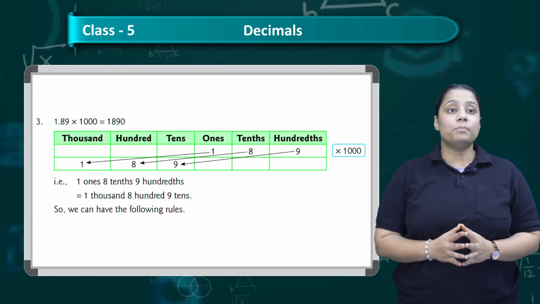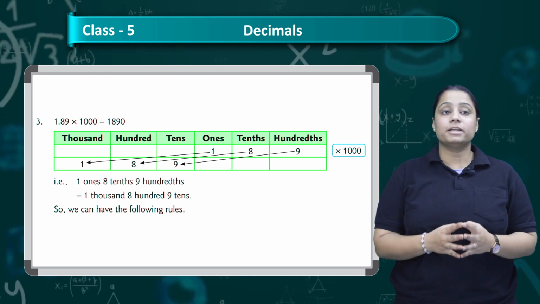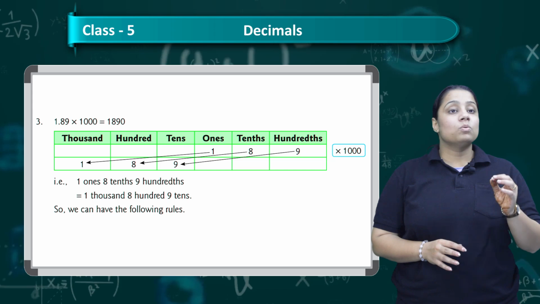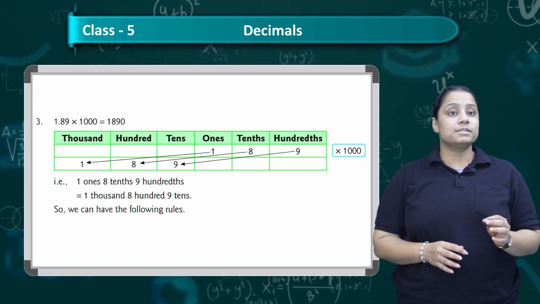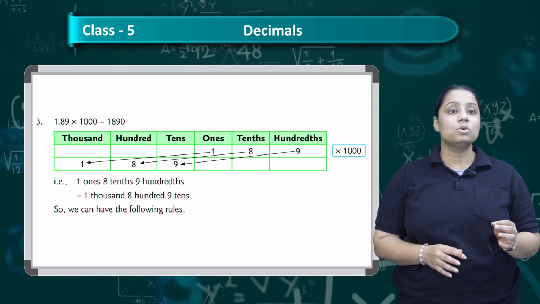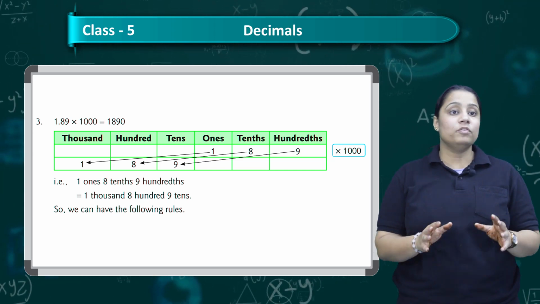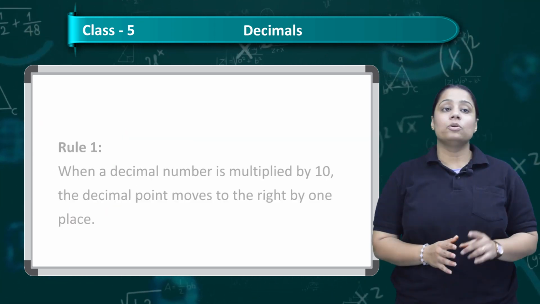Third, 1.89 into 1000 is equal to 1890. That is 1 one, 8 tenths, 9 hundredths is equal to 1890 tenths. So we can have the following rules. Rule 1.